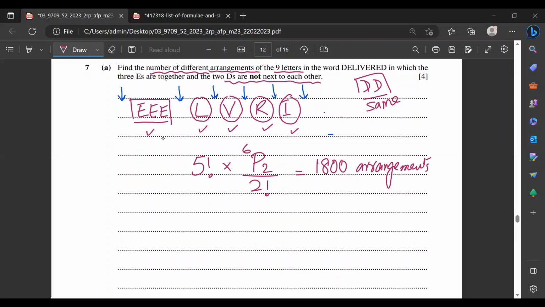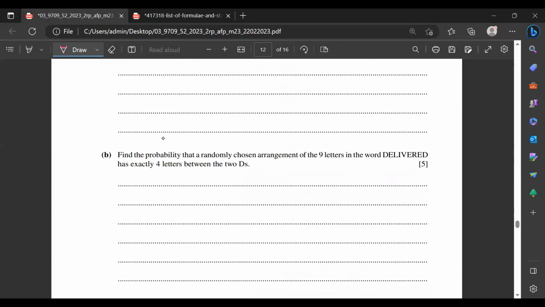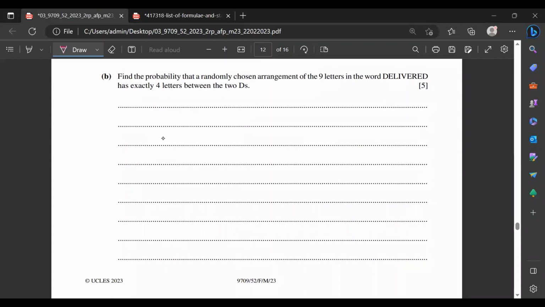Next, find the probability that a randomly chosen arrangement of the 9 letters in the word DELIVERED has exactly 4 letters between the two D's. For this, we need the total number of arrangements, because for probability we write the total possible outcomes in the denominator.